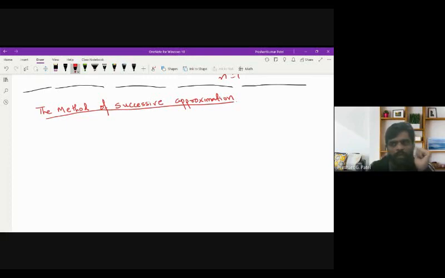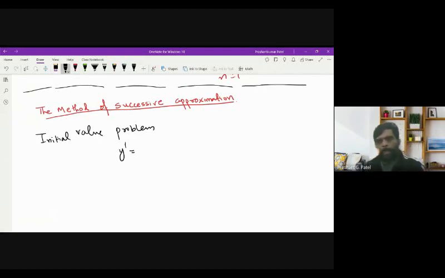We're starting with the initial value problem, that is y dash is equal to f of x y, where f of x y is an arbitrary function of two variables x and y, and the initial condition given is y of x0 is y0.